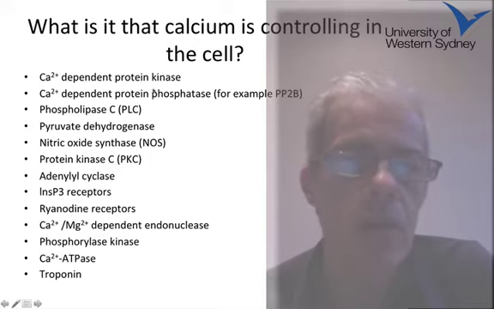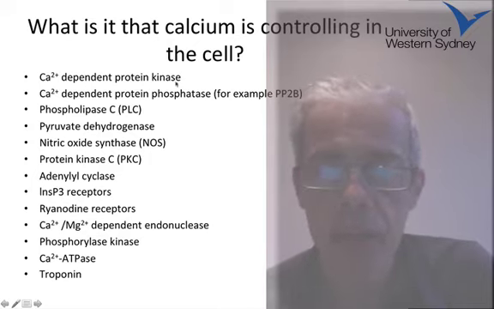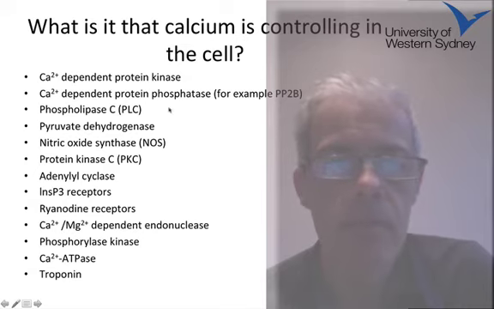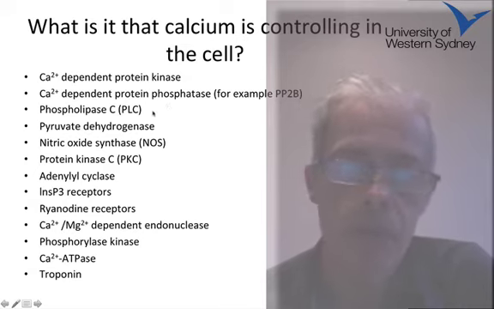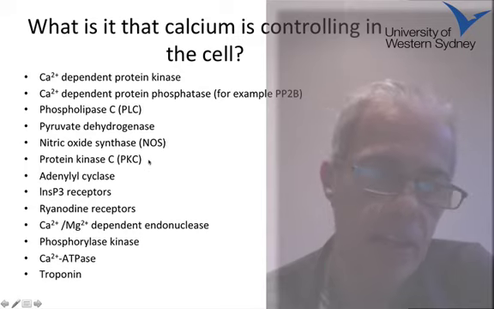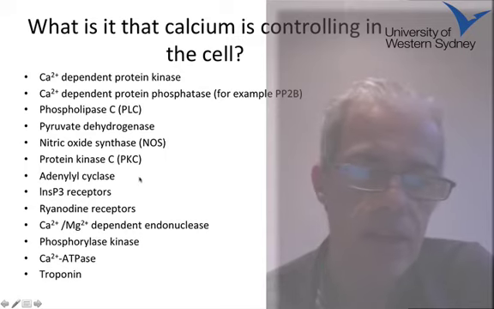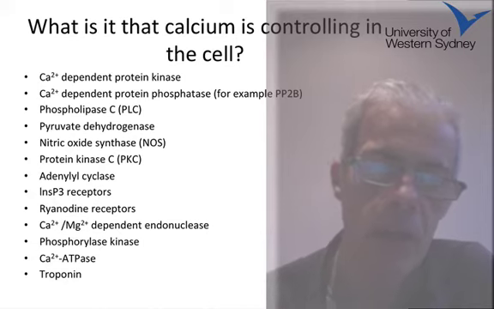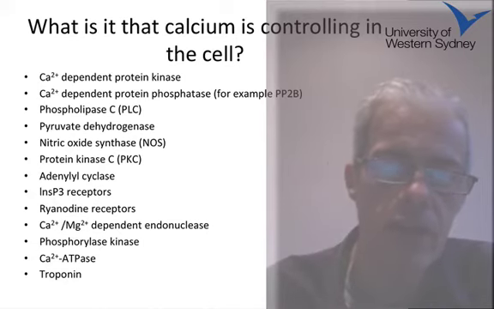So we have calcium dependent protein kinase, we have a calcium dependent protein phosphatase, we have phospholipase C, pyruvate dehydrogenase, we have nitric oxide synthase, protein kinase C, there's adenyl cyclase, and there's a whole range of proteins which can interact with calcium or calcium binding proteins, and this interaction modulates their activity.